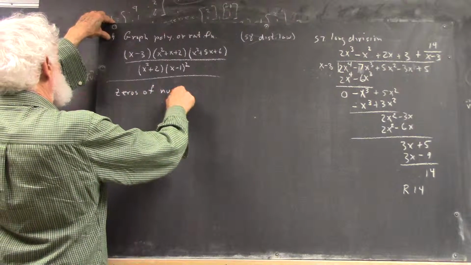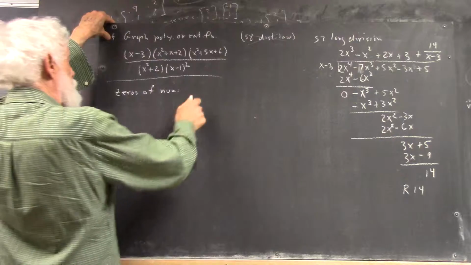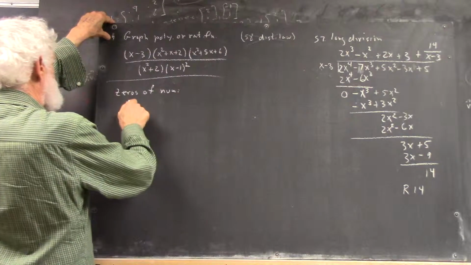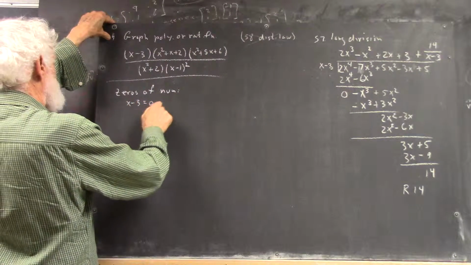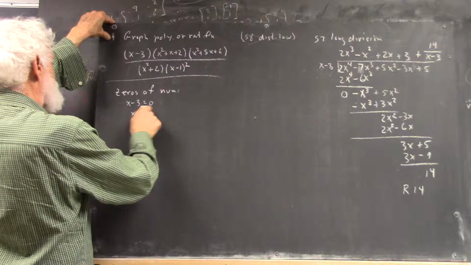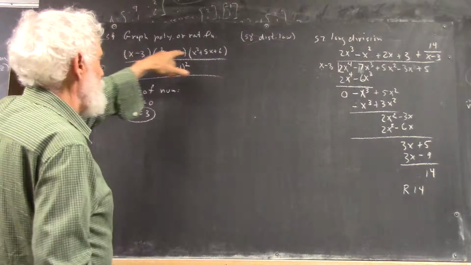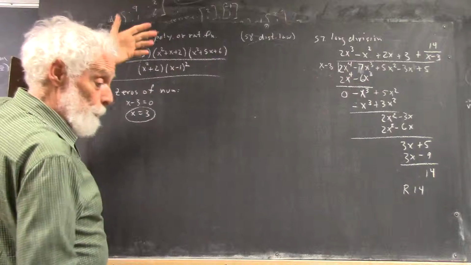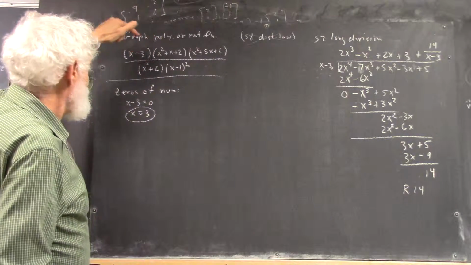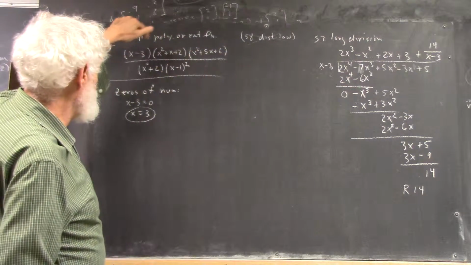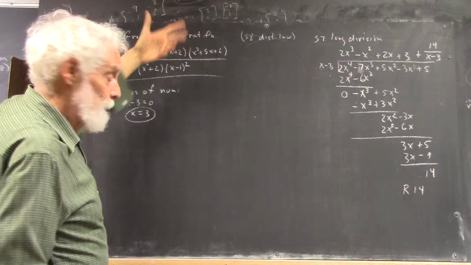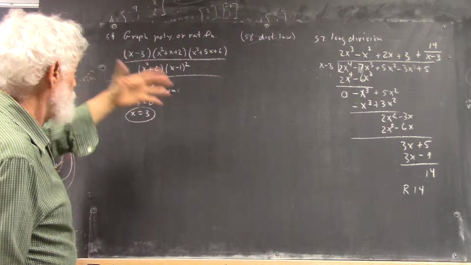Okay. First, you find the zeros of the numerator, which are x equals 3, because, again, using the zero property of multiplication, in order for the numerator to be 0, this or this or this has to be 0. So if any one of these is 0, the whole thing's 0.